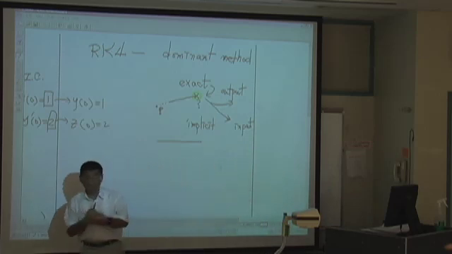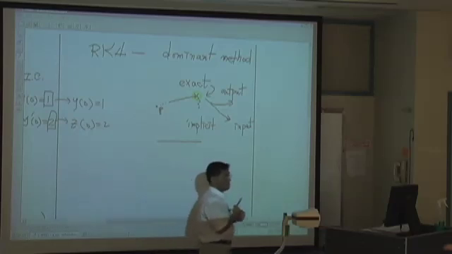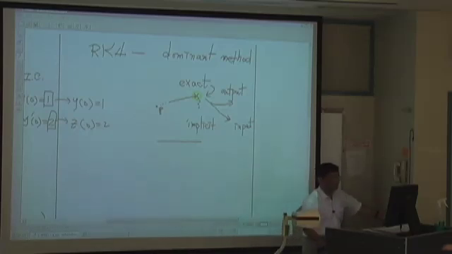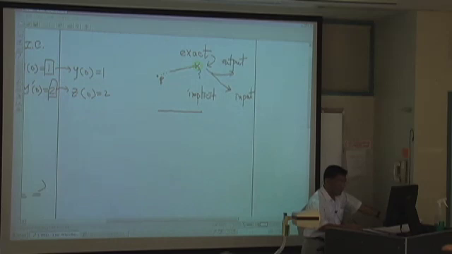Then how can this happen? We can predict the approximate height by using some exact method, such as RK4 or Euler.